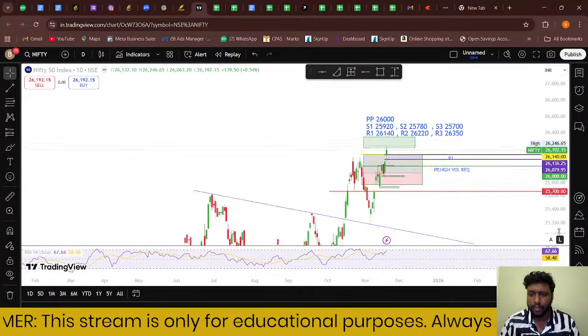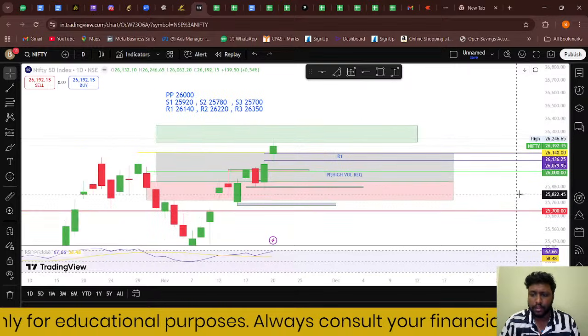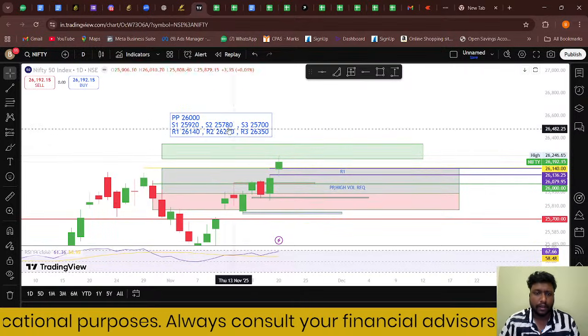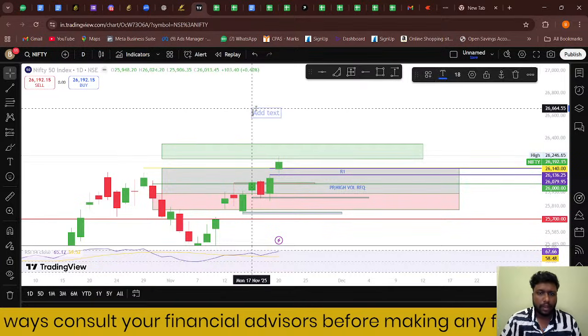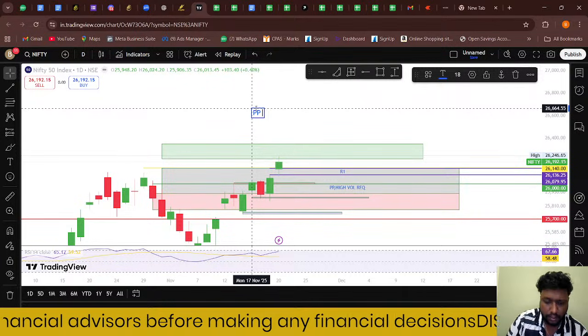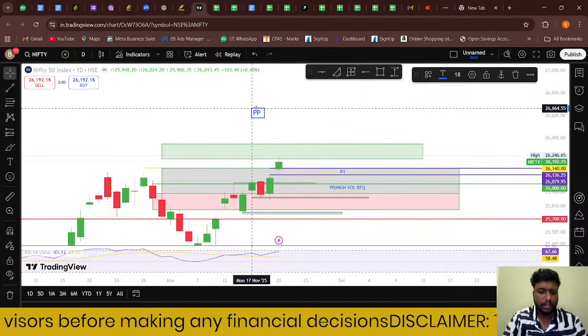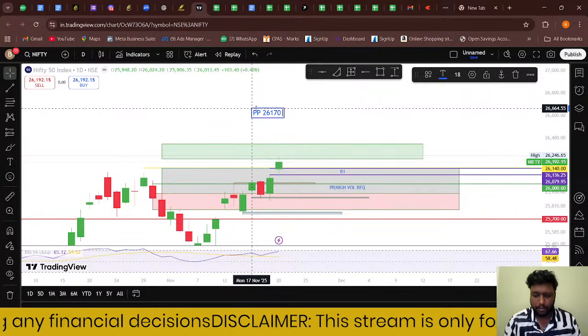With respect to our pivot line, we will plot the zones and support range for the day. I'll start with the pivot line. Pivot line for Nifty lies at 26,170. We will mark it as the pivot point.